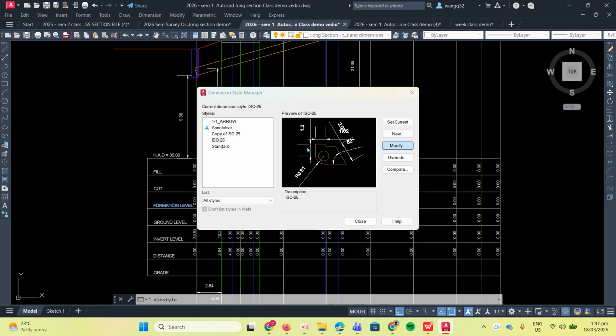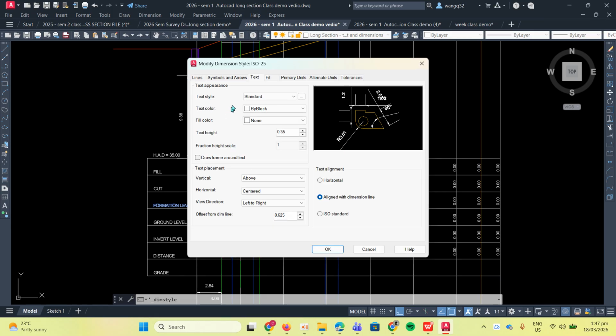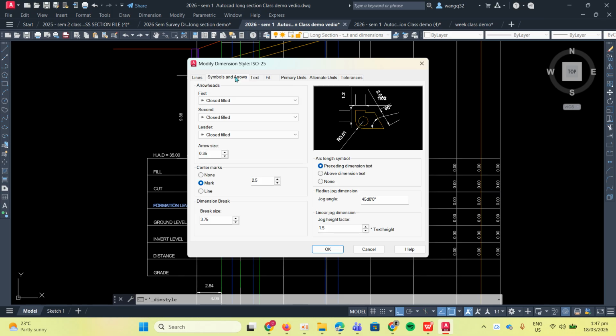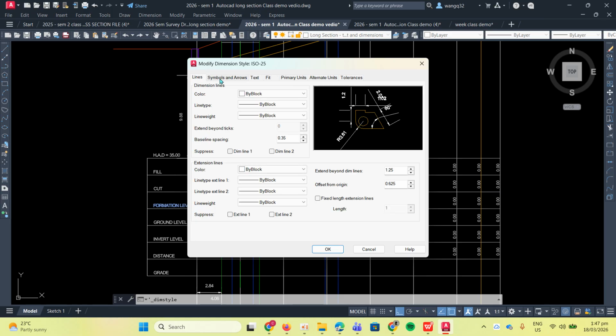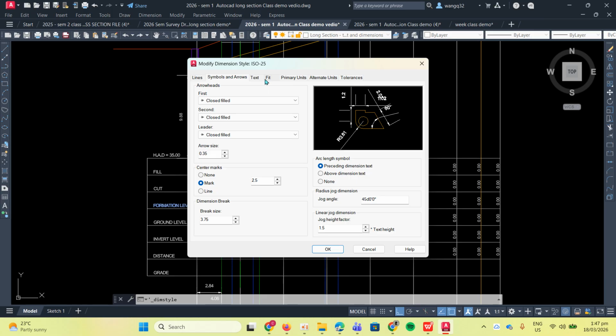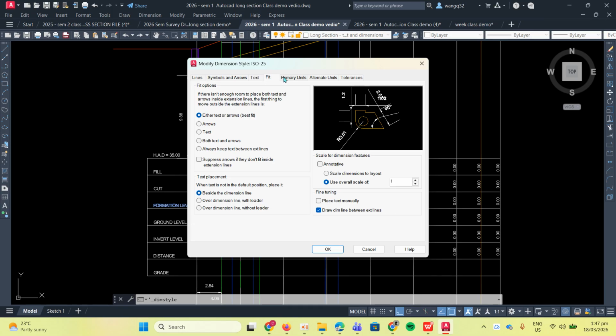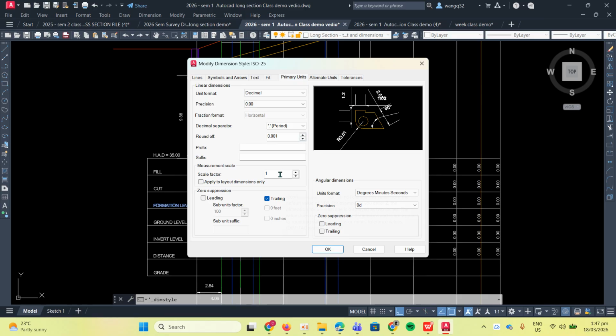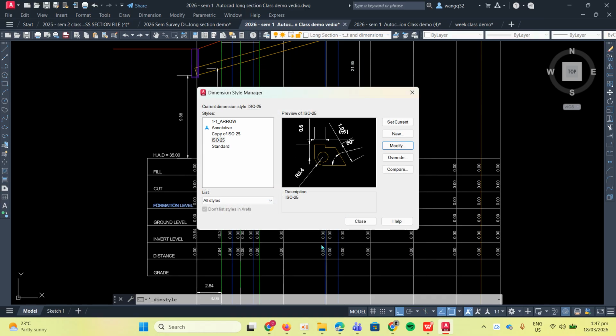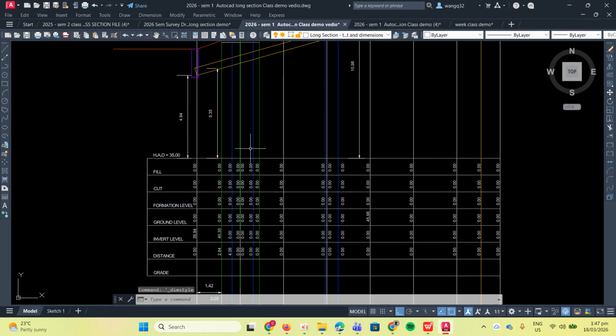Because we use distorted scale, if we go here and look at the scale factor, we change it to 0.5. Now you can see all these numbers being changed.